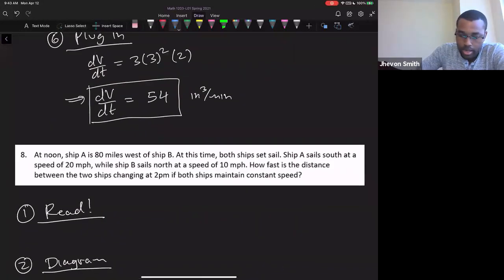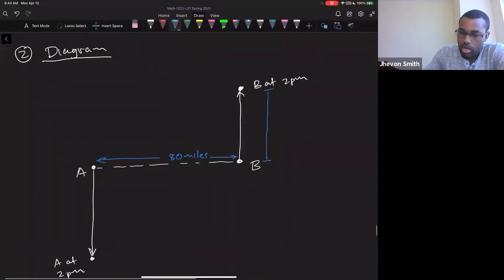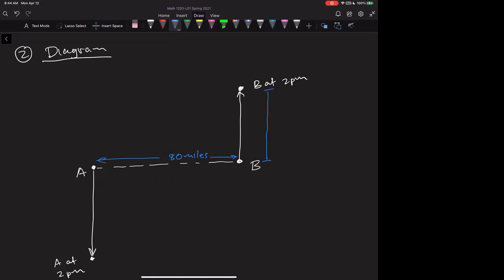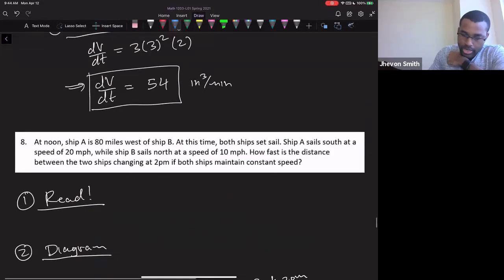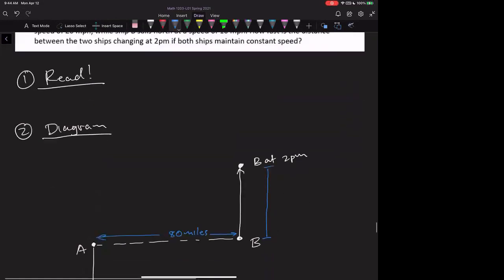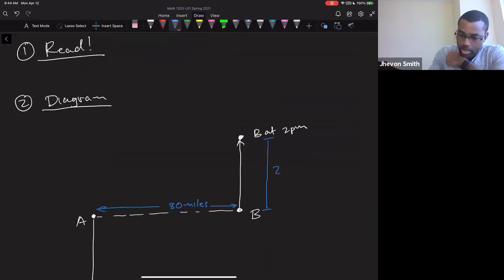So if B is traveling north at 10 miles per hour, how far will it be after 2 hours? Anyone? 40 miles? Sorry, B is 10 miles per hour. I was looking at A. Sorry, 20 miles. Yeah, so this is going to be 20 miles.